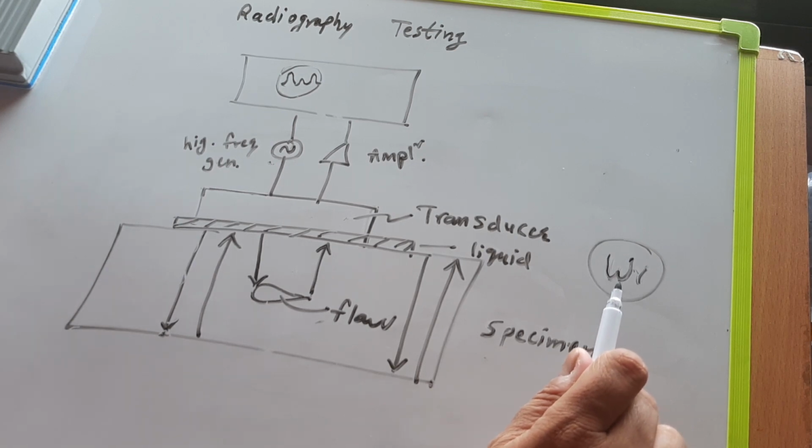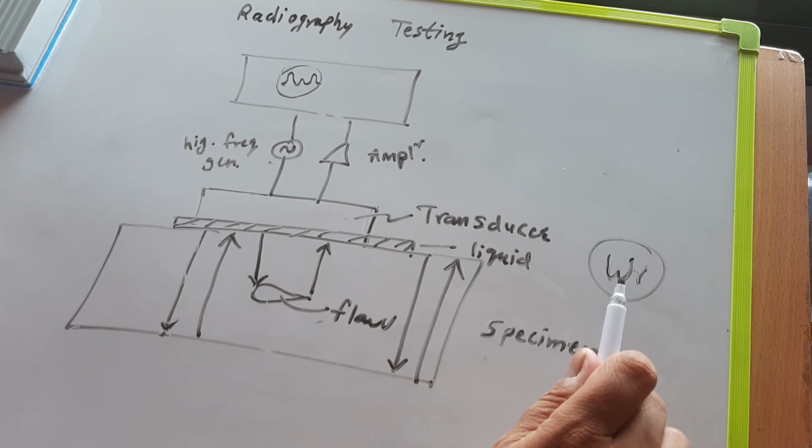Pulses will be reflected by defects like flaws or cracks. Full stop. If a defect is present, there will be another peak.